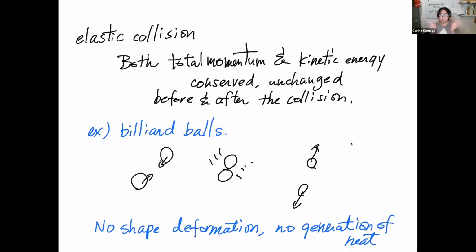So there is nothing lost in the collision. You don't use the energy to change the shape of the object. You have no heat generated. It's a perfect, nice clean collision. That's called an elastic collision.